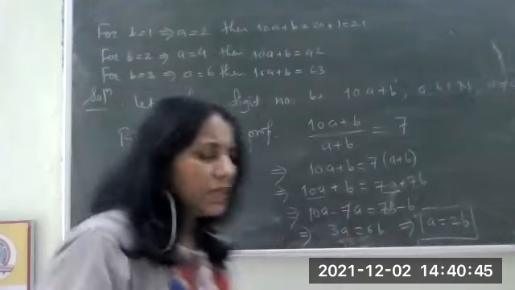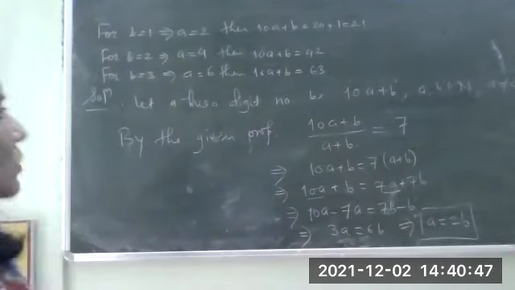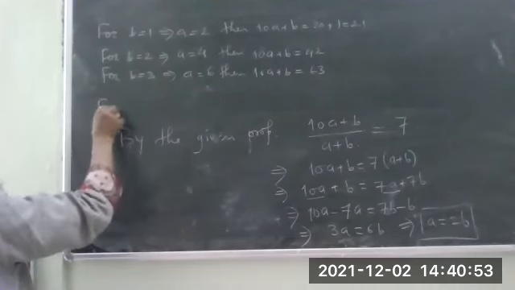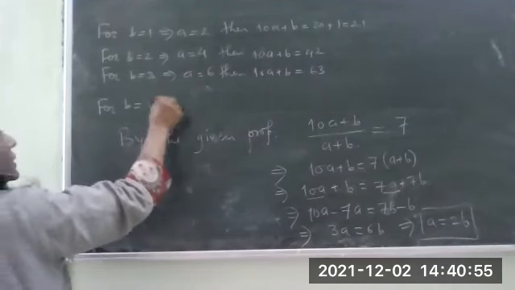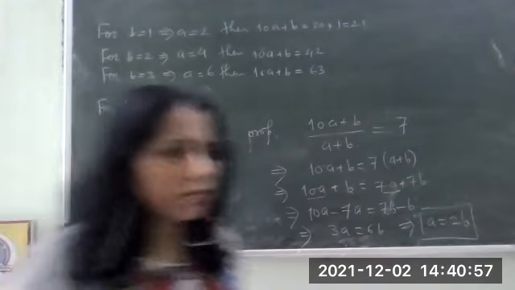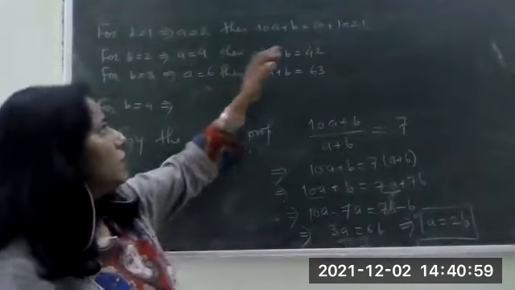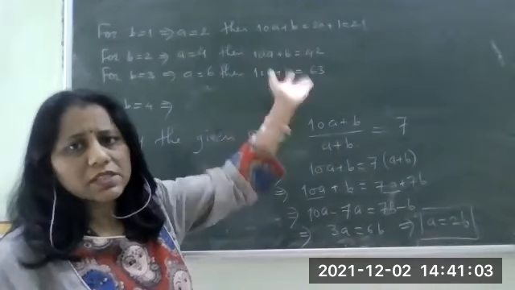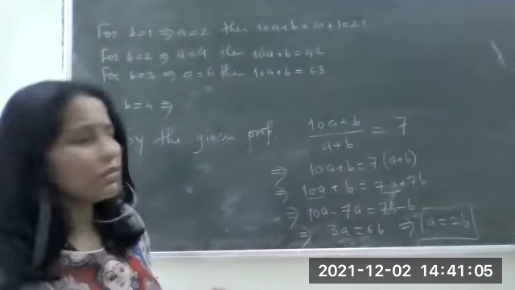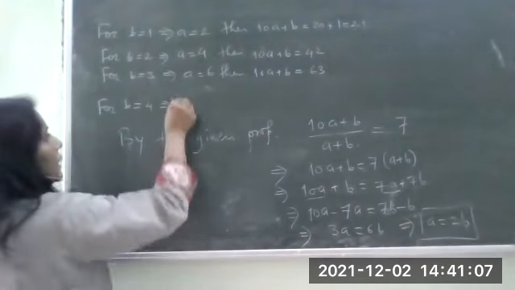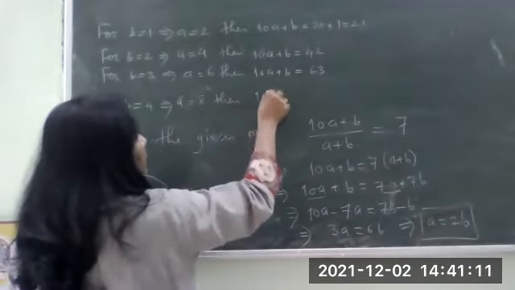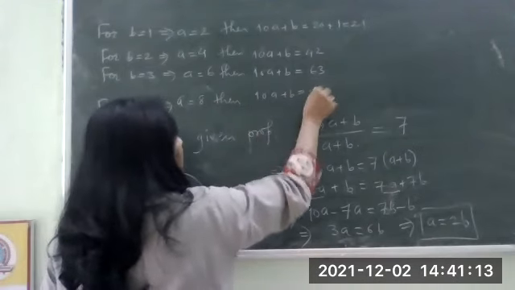Similarly, if I substitute b as 4, you will see that this is the table of 21. First value is 21, second is 42, 21 twos are 42, 21 threes are 63, 21 fours are 84. So a will be 8, and 10a plus b is 84.